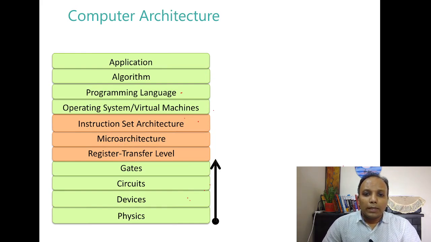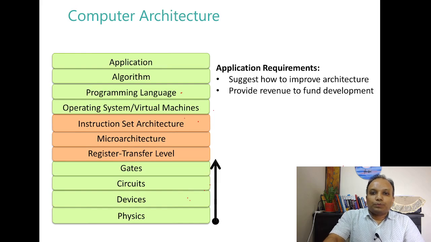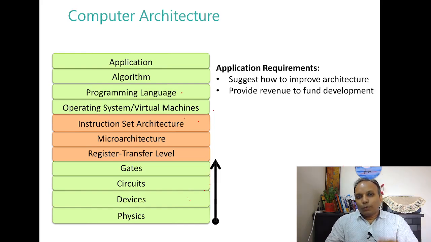So, now let us see how these different abstraction layers actually influence each other. From the top you see that different kinds of application requirements will arise. As we progress, there are different needs of computing.